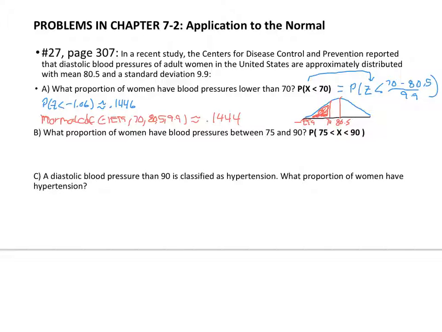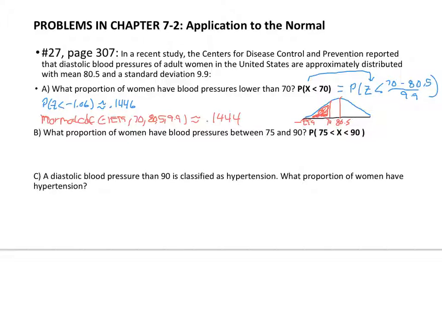So now the second question is, what is the proportion of women that have blood pressures between 75 and 90? In this case, we have to break this down into two pieces, the upper piece and the lower piece, if we're doing it by hand.